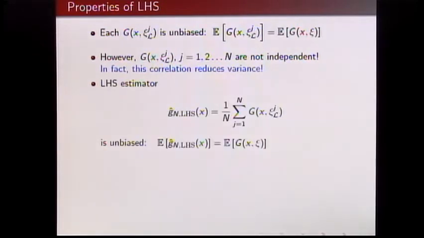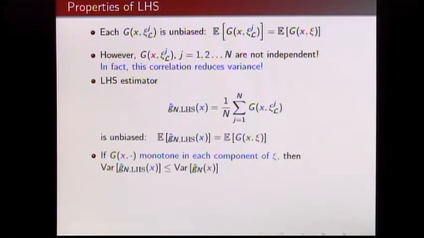And then if I look at my Latin hypercube estimator, all I'm doing is I generate these n samples instead of my IID Monte Carlo. I just use my Latin hypercube and take the sample average, done. And of course, because of the first property, this whole thing is going to be an unbiased estimator. So these are nice properties. Each one is unbiased, and of course, my sample overall is unbiased.